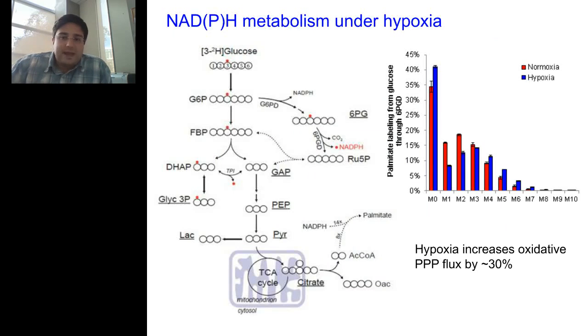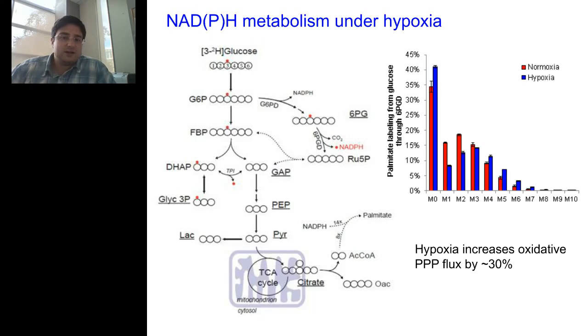So if we turn back now to changes in NADPH metabolism as a function of the microenvironment or different disease states, and apply this method, we see additional changes occurring in cells if, for example, we put them under hypoxia.